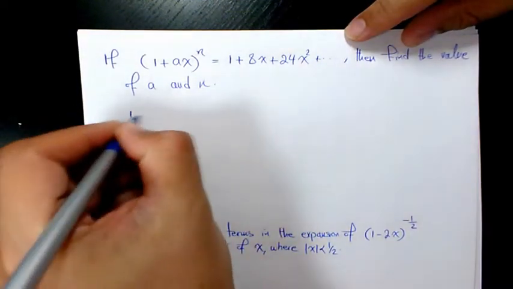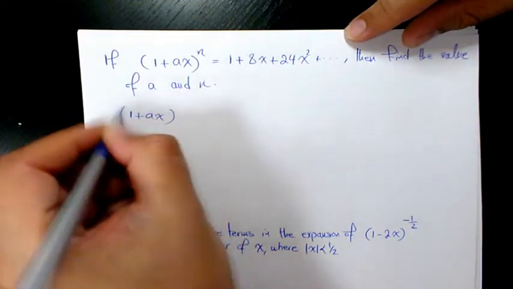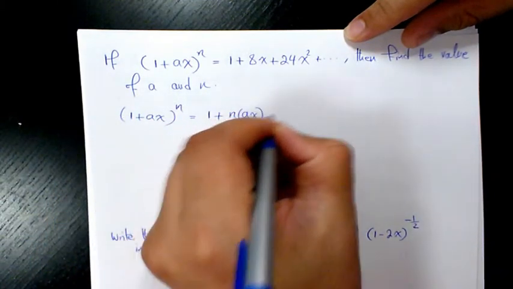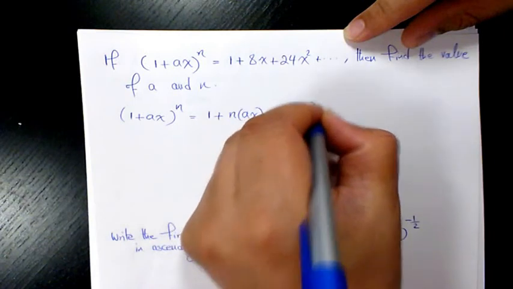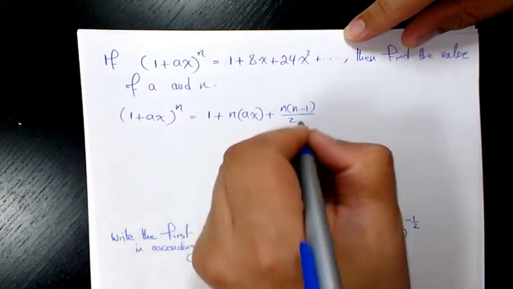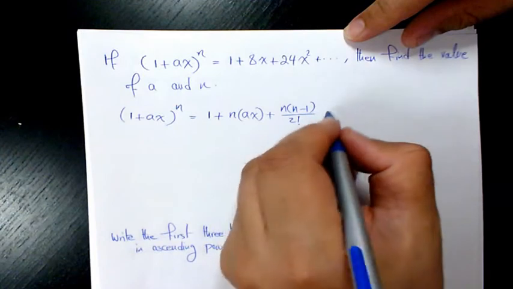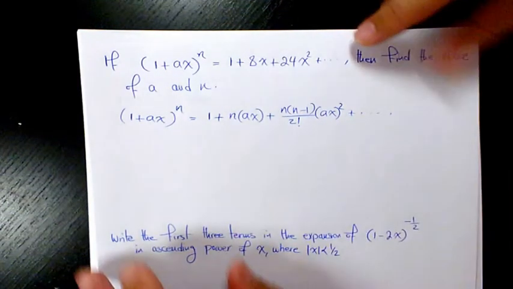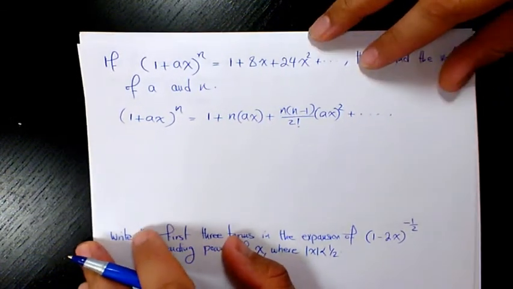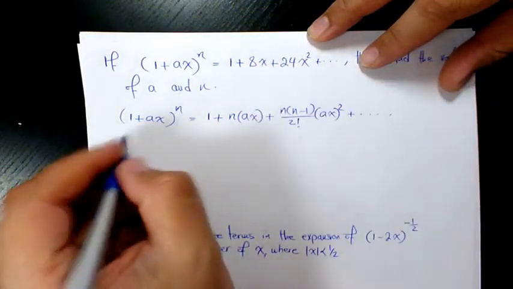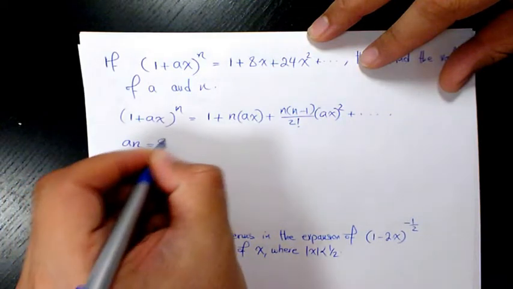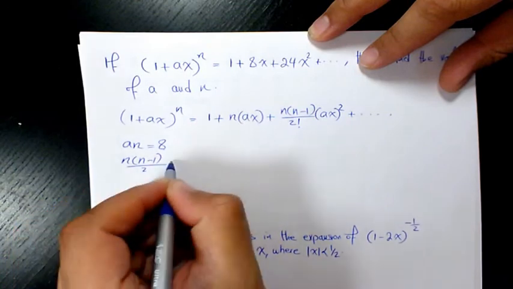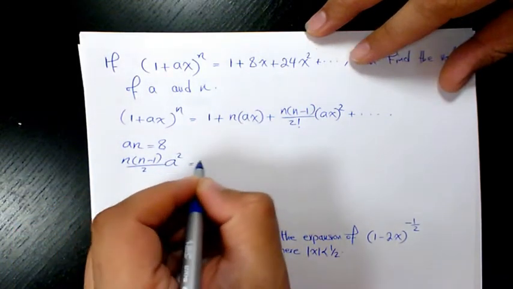So I'm going to say (1 plus ax) to the power of n will be 1 plus n times ax plus n times (n minus 1) divided by 2 factorial times (ax) to the power of 2 plus all other terms. So these are given. It means that an is 8, and n times (n minus 1) divided by 2 times a squared is 24.